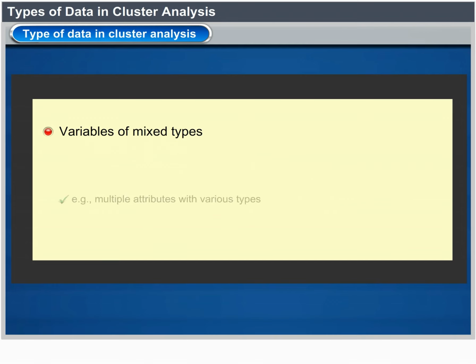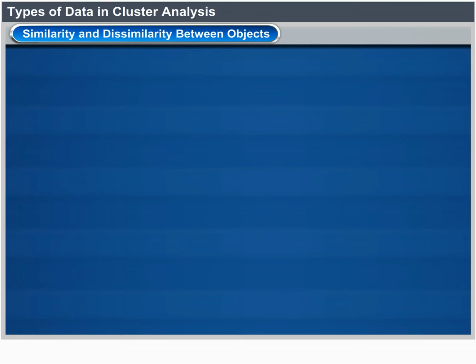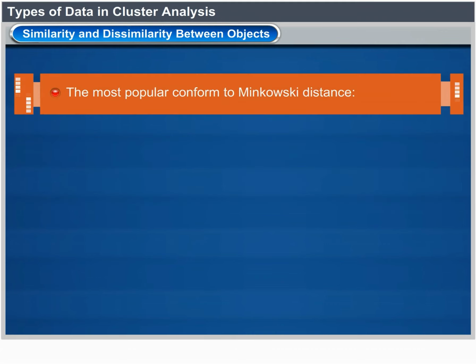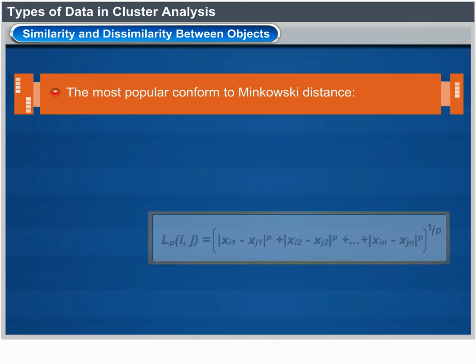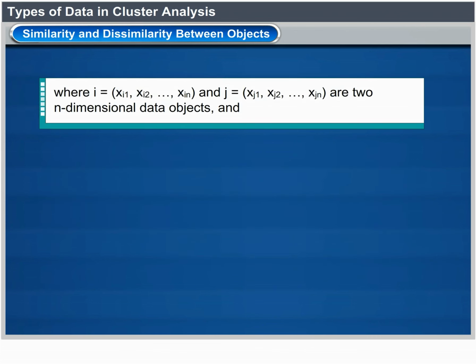Similarity and dissimilarity between objects. Distance metrics are normally used to measure the similarity or dissimilarity between two data objects. The most popular conform to Minkowski's distance, which is represented on the screen, where i equals (xi1, xi2, up to xin) and j equals (xj1, xj2, going up to xjn) are two n-dimensional data objects and p is a positive integer.